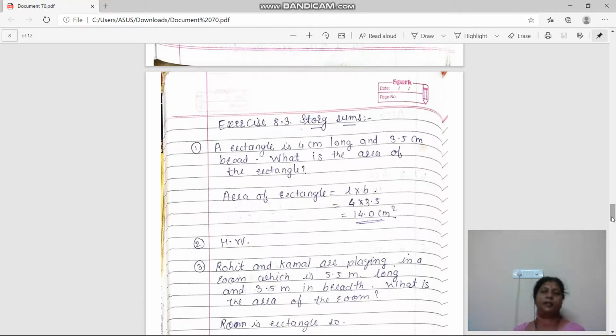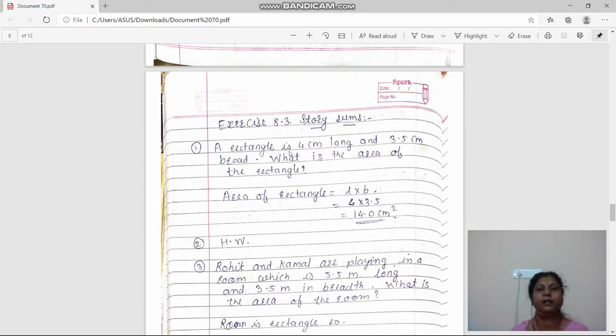Now we will start the story sums. Exercise 8.3, story sums. One by one we will see. It is very easy. If you know the formula, you have to understand the example, think about the given things, know the formula, then you have to calculate. Okay. So let's start.